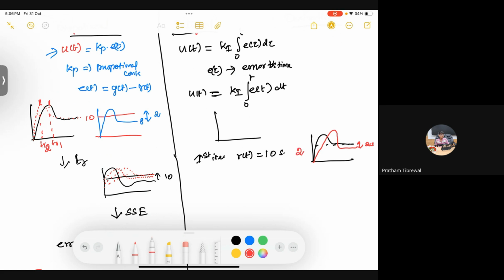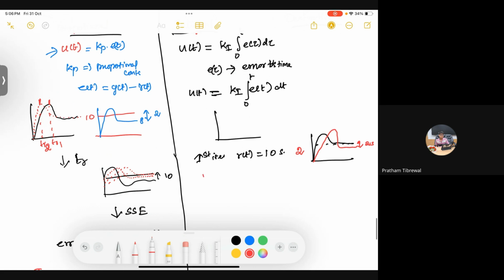So I'm applying a control action again. I'm making some changes. I'm giving some input proportional to this, one control unit, whatever control unit you have, RPM, voltage, whatever based on the system. I'm just writing in terms of numbers without any unit. Okay, the reference would be the same, but I'm expecting the system to behave in a different way. It behaved a different way, but it just increased by 1 second.